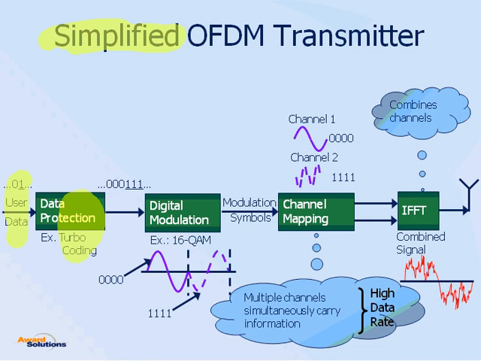Do the modulation. In this case, we are doing 64-QAM, so one modulation symbol represents 6 bits. The modulation symbols are then given to the channel mapping. So one modulation symbol goes over one subcarrier, another modulation symbol goes over another subcarrier.